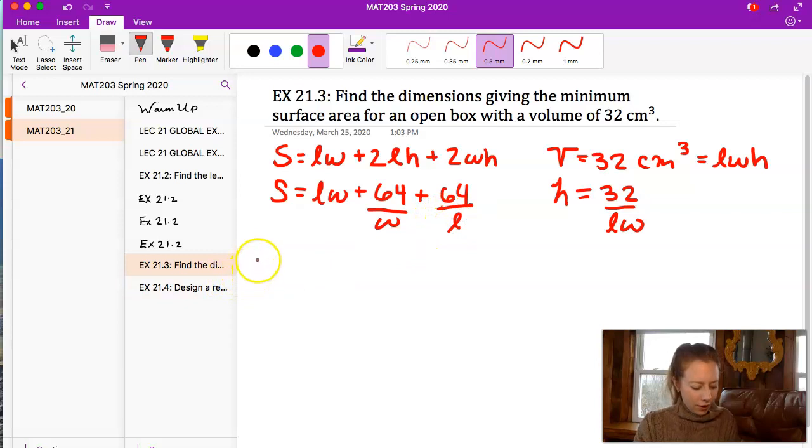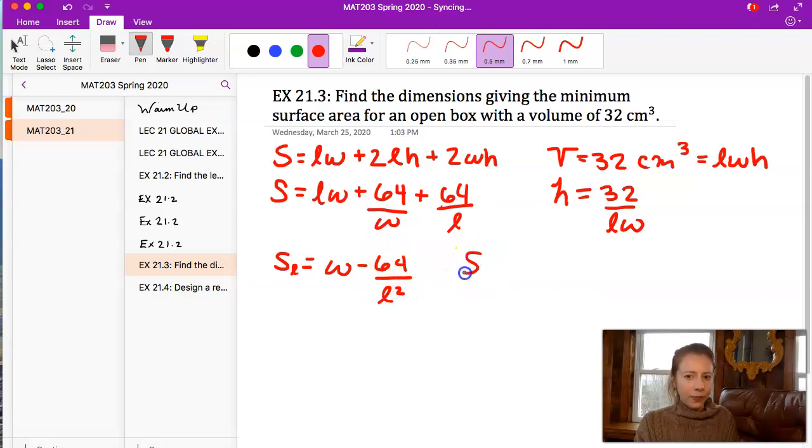All right, so now let's take the partial derivative with respect to L. So we end up with W minus 64 over L squared. And similarly, the partial with respect to W is going to be L minus 64 over W squared.